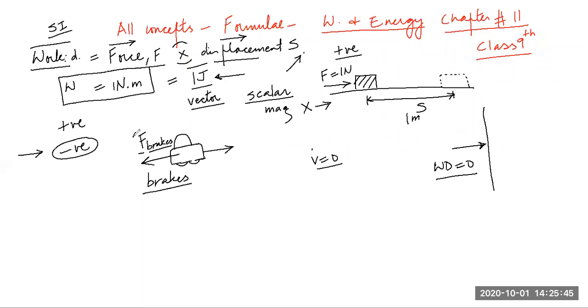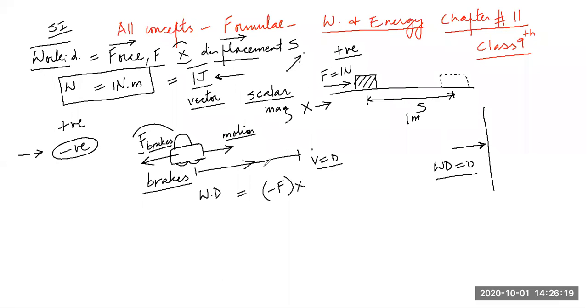So students, this force is acting in the opposite direction to the direction of motion. Positive direction is the direction of motion. F brakes, force because of brakes, is acting in the opposite direction. Here the work done is negative. Work done is equal to force, but force is negative, and force has been applied over some displacement or some distance in one direction. Distance in one direction is displacement.